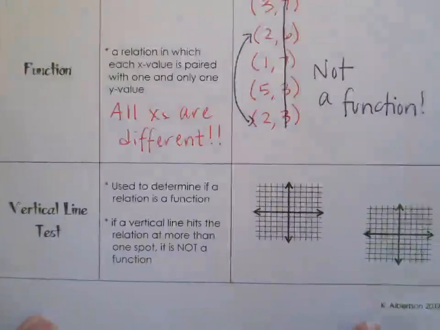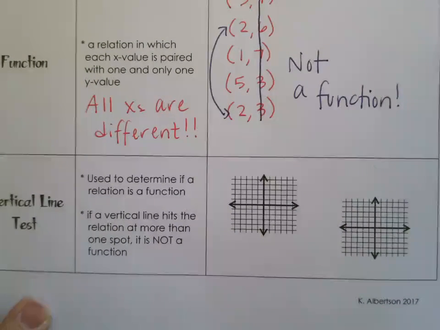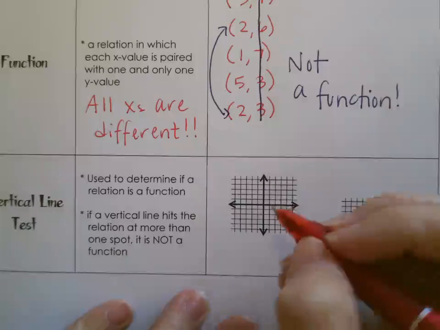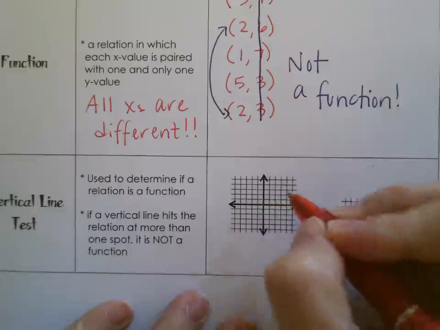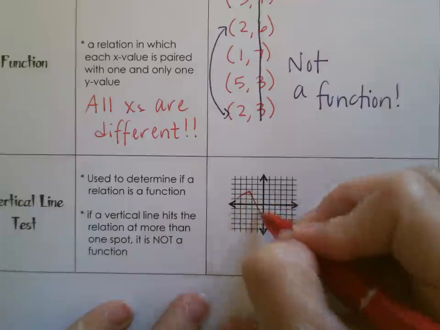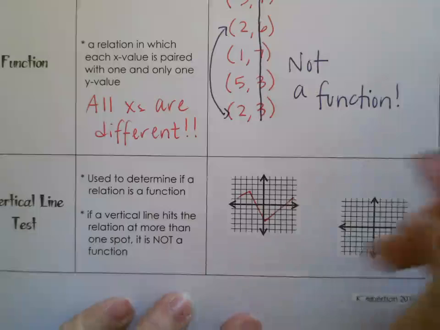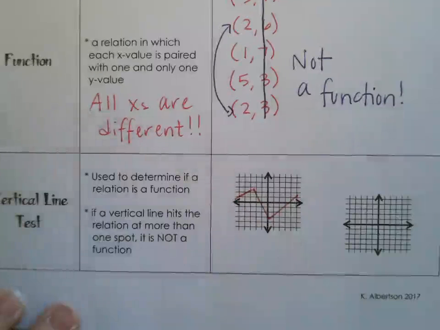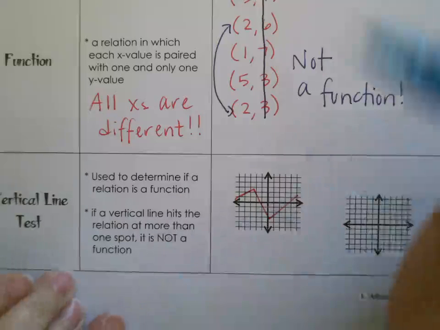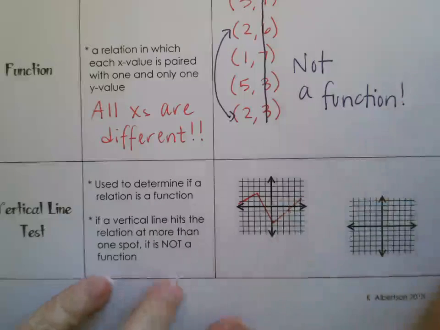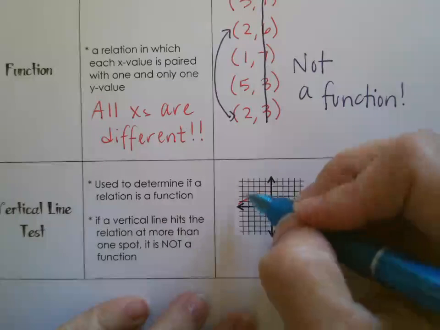All right, the vertical line test is what we use to determine if a function exists when we look at a graph. So let's just say that I had this right here. For the vertical line test, I'm going to draw a vertical line at any spot, and I can only hit my graphed function one time.